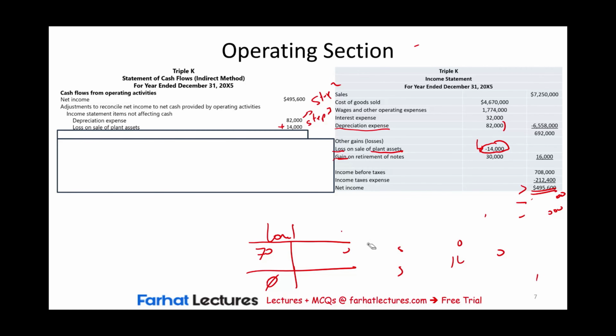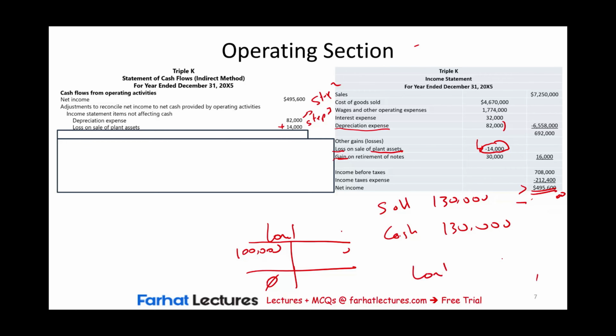So let's assume for the sake of illustration, I purchased this land for $100,000. I sold it for $130,000. What's my entry? I debit cash $130,000. I credit the land $100,000 because I sold this land. What I'm left with is a gain of $30,000.